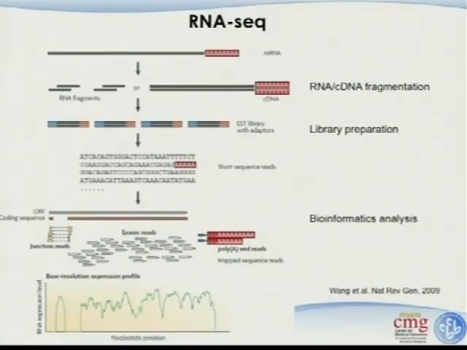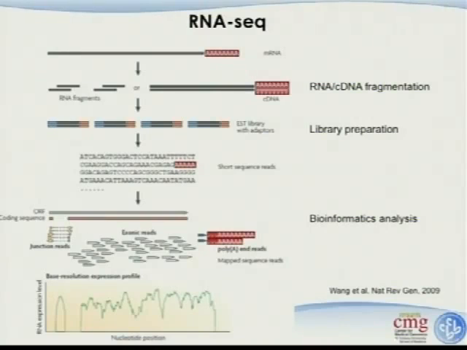This is probably the first review paper on RNA sequencing, which was published in 2009, and it gives you the general workflow of an RNA sequencing experiment. You have an RNA molecule, and this RNA is polyadenylated.